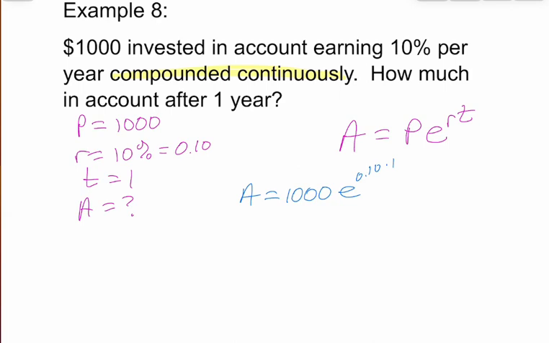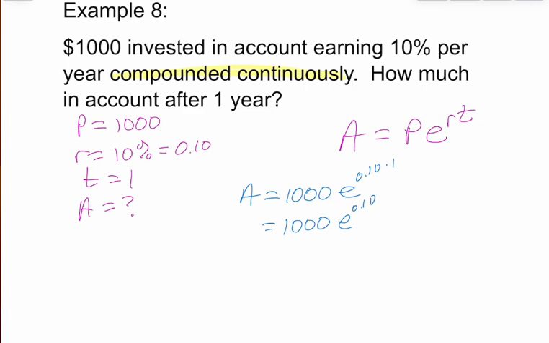So I tend to do this, whether you do it in your head or in a calculator, before I put it in my calculator. So that's 1,000 e to the 0.10 power. Now, at this point, hopefully you found the e button on your calculator.